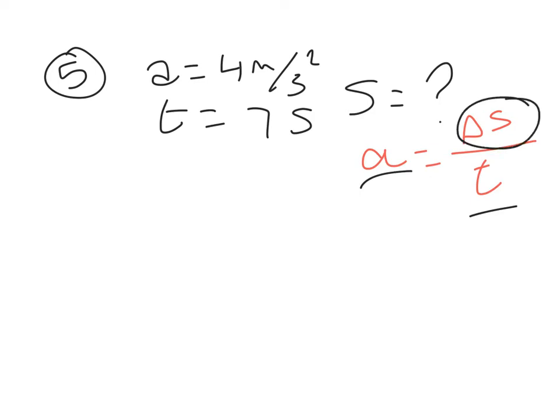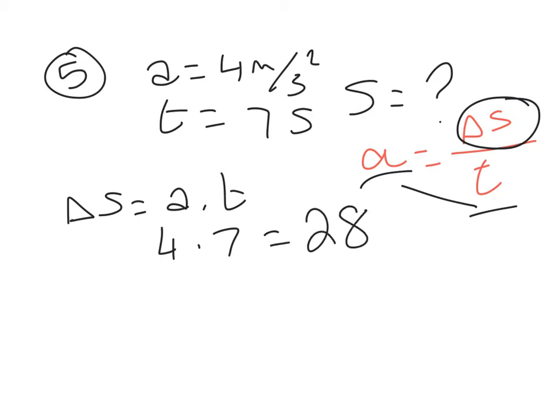Can I find the change in speed? Yes, I can. So that's all I have to do. How do I do that? Change in speed is equal to your acceleration times time. Acceleration is 4 times your time is 7. 4 times 7 is 28. What's the unit?